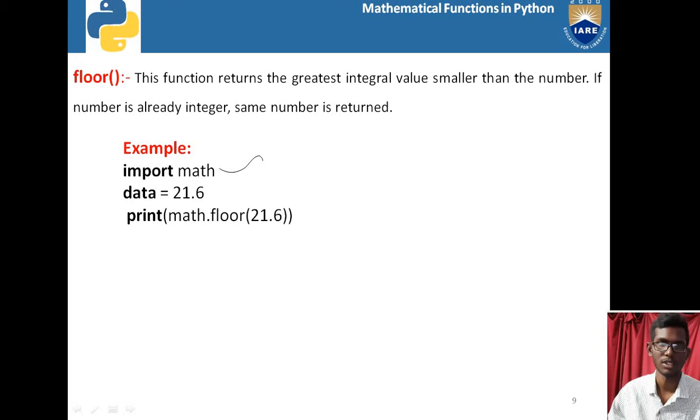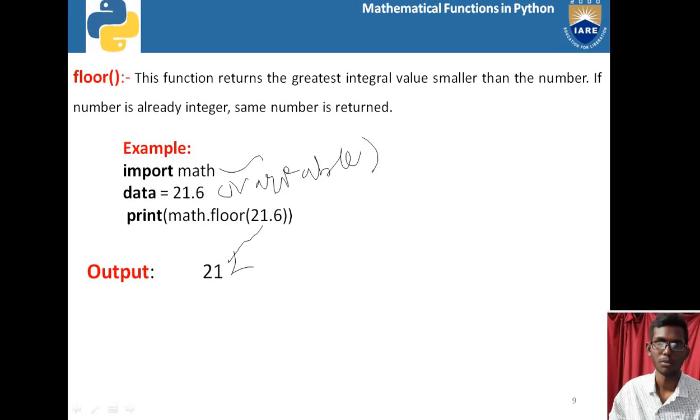Data equal to 21.6. That means we are assigning 21.6 to data. It is a variable. Print math.floor 21.6. Now we get output as smaller than the assigned number. That means it is 21.